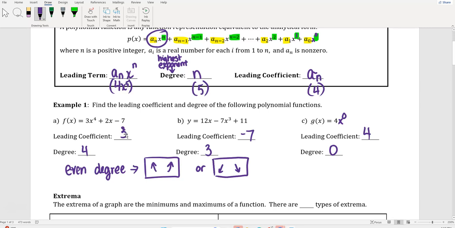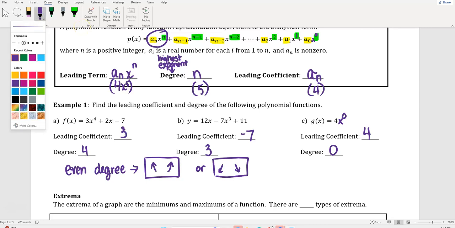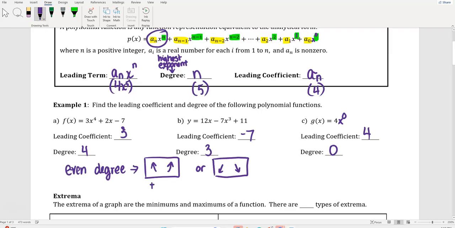So if I have a positive leading coefficient, then both ends of the graph go up.